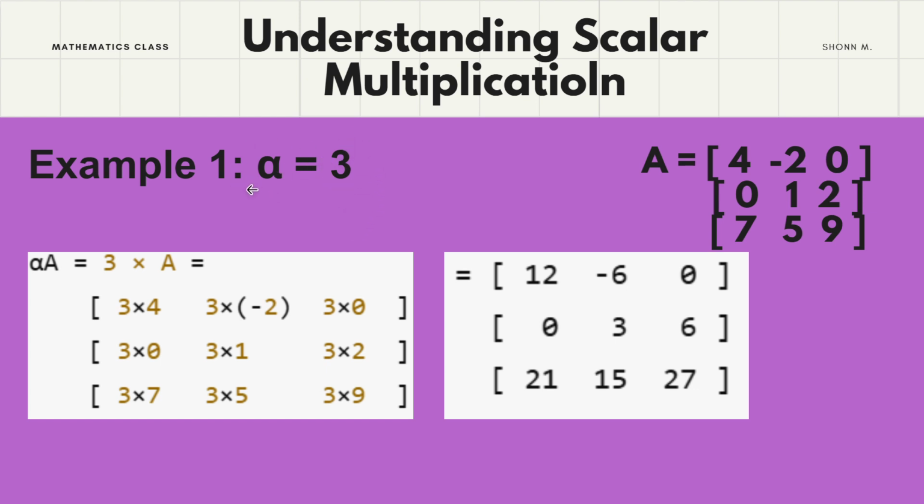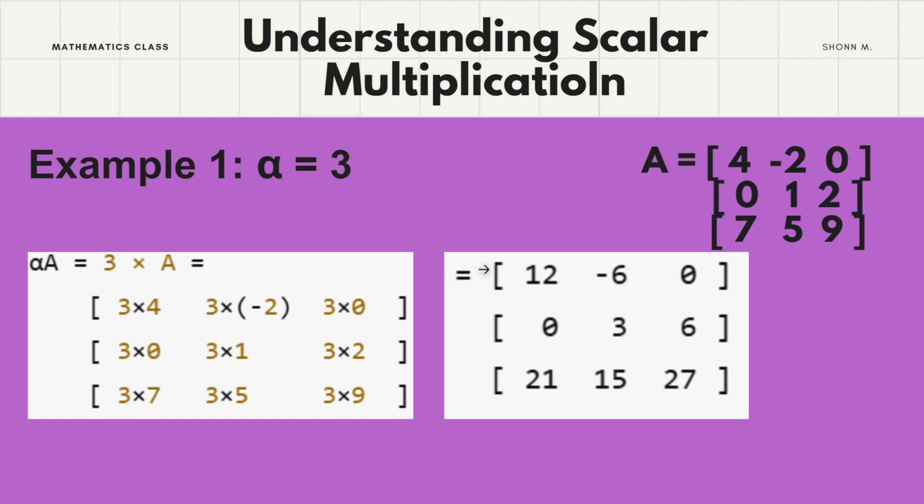So since our alpha is 3, we have to multiply that into every element of our matrix. So 3 times 4, 3 times negative 2, 3 times 0, 3 times 0 again, 3 times 1, 3 times 2, 3 times 7, 3 times 5, and 3 times 9.